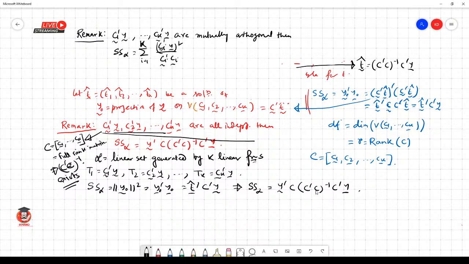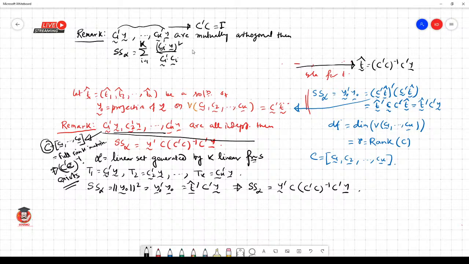So see that mutually orthogonal means the Ci's are orthogonal, then matrix C prime C should be I. So C prime C inverse again I.